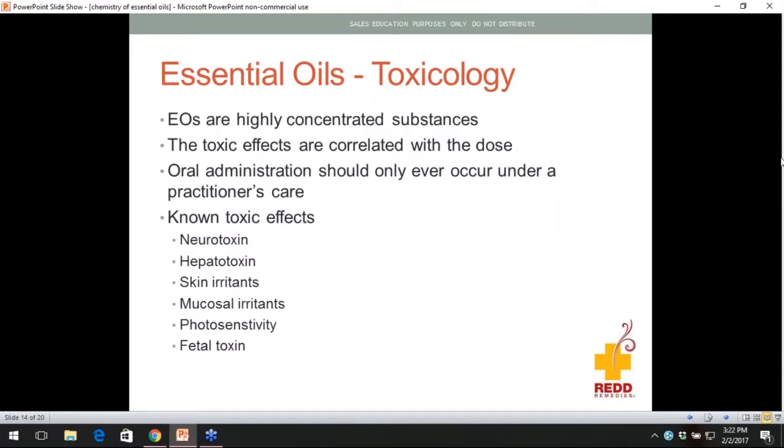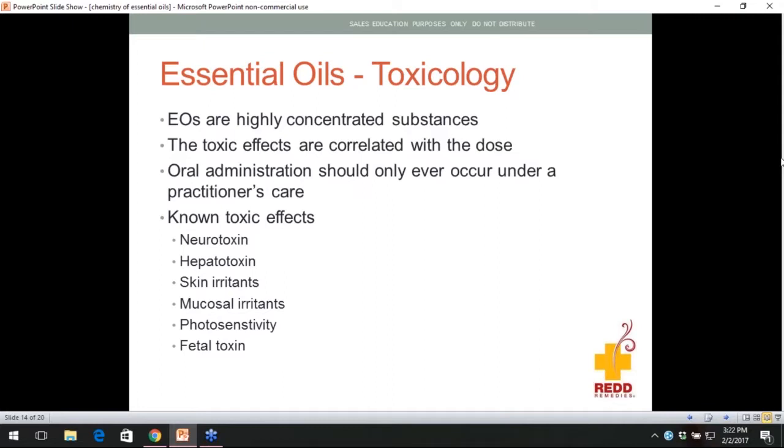So let's talk about toxicology of essential oils. This is something that is a problem because it's not well communicated to the end user, to the consumer. There is a misunderstanding that all essential oils are very safe. That simply is not true, and there is toxicology involved.